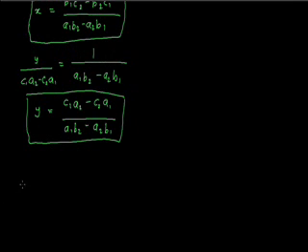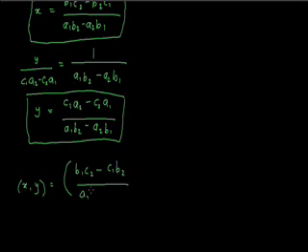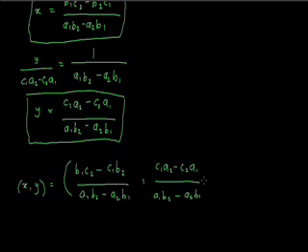and y can be written as x comma y is equal to, the value of x coordinate is (b1 c2 minus c1 b2) upon (a1 b2 minus a2 b1), and the value of y coordinate is (c1 a2 minus c2 a1) upon (a1 b2 minus a2 b1).